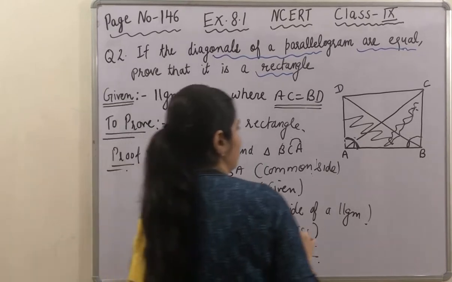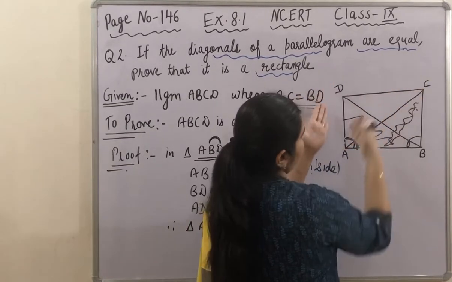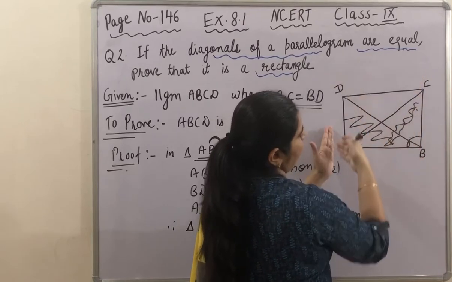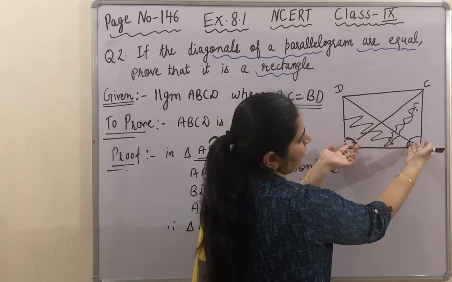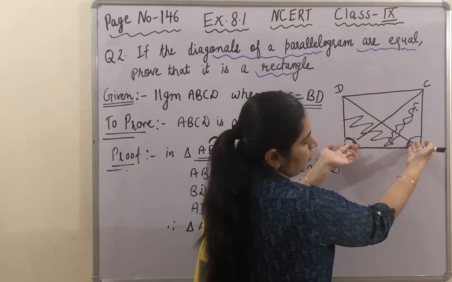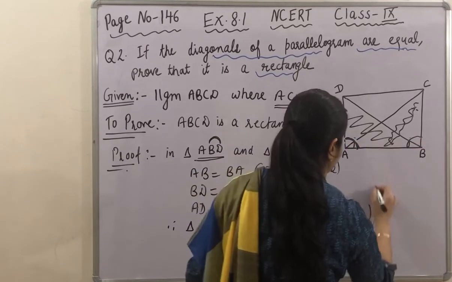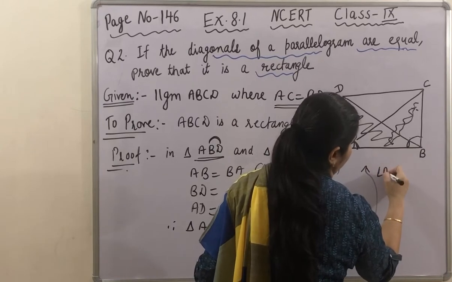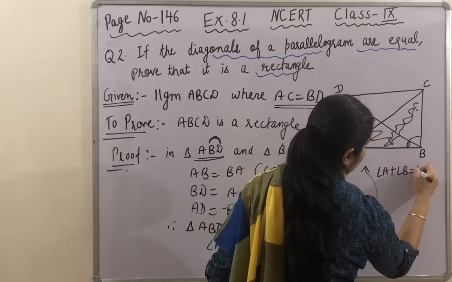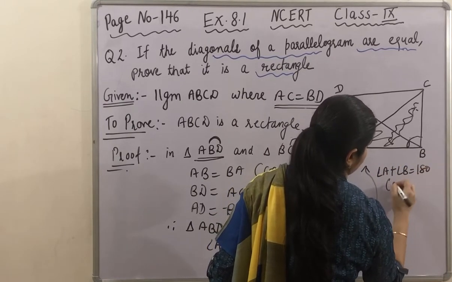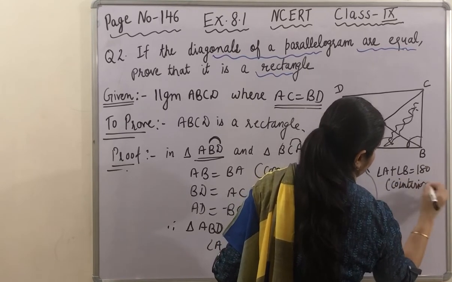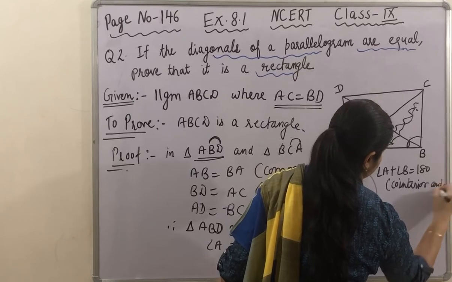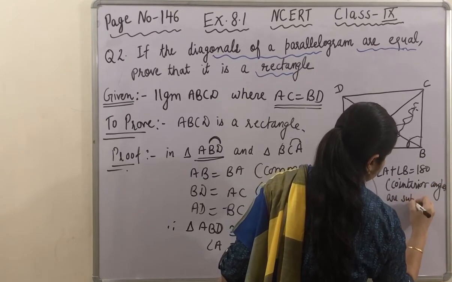Now as we know, because it is a parallelogram, this is given ABCD is a parallelogram, and we know co-interior angles of a parallelogram are supplementary, and we know these two are co-interior angles. So we can write here angle A plus angle B is equal to 180 degree. Reason is co-interior angles are supplementary.